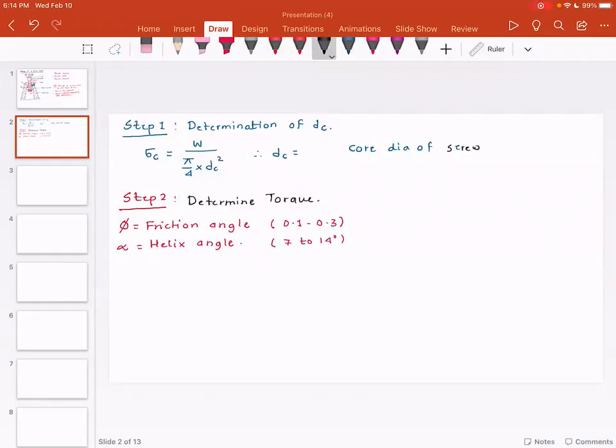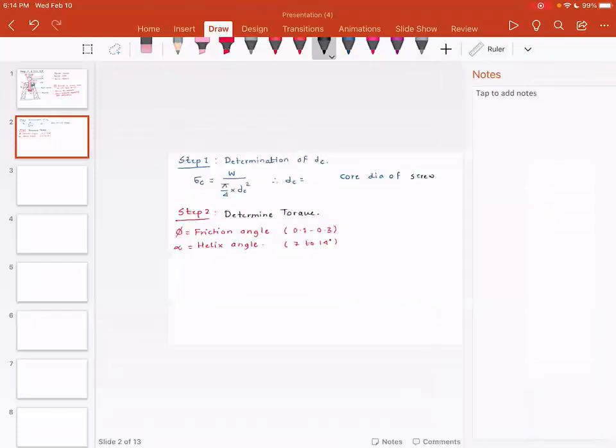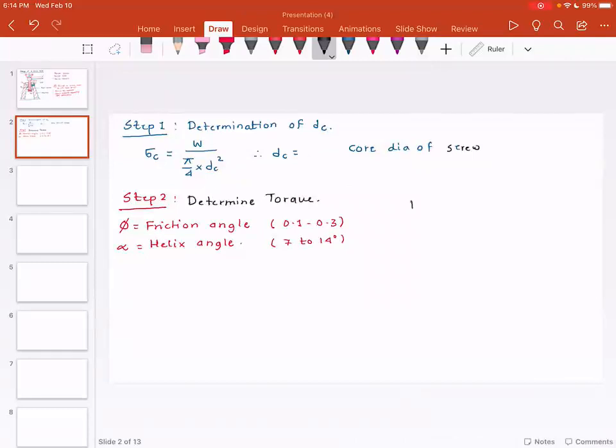Now at this point, what I want to tell you is, once we know the value of dc, we can approximately find out the mean diameter. If you look at the core diameter and the outside diameter, usually core diameter is equal to 0.8 times outside diameter. So once we know the core diameter, we should be able to find out the outside diameter.